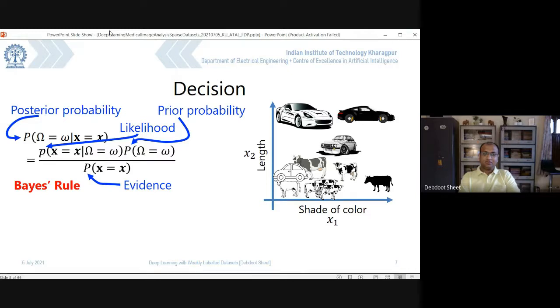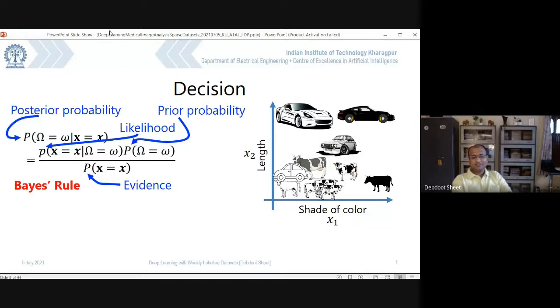And the y-axis, or the vertical axis, is defined by another scalar variable which I call x2, and that defines the length of this object. So it may be the head to tail length of a cow, or the head to tail length of a car, from the headlights to the taillights for a car.